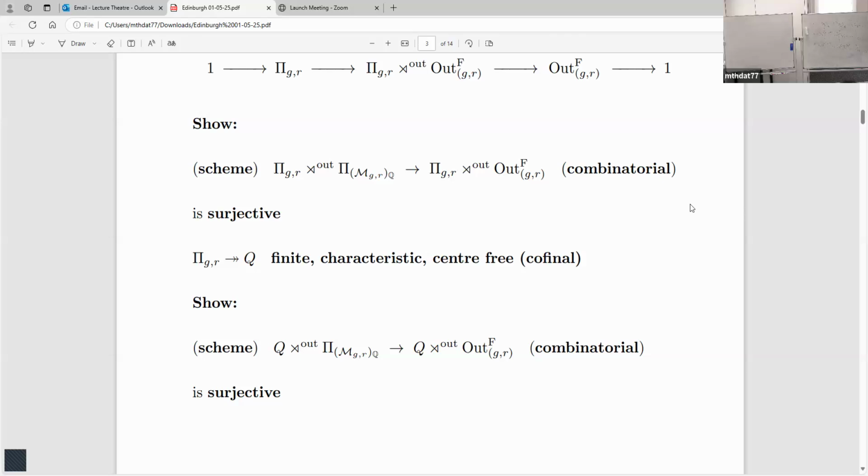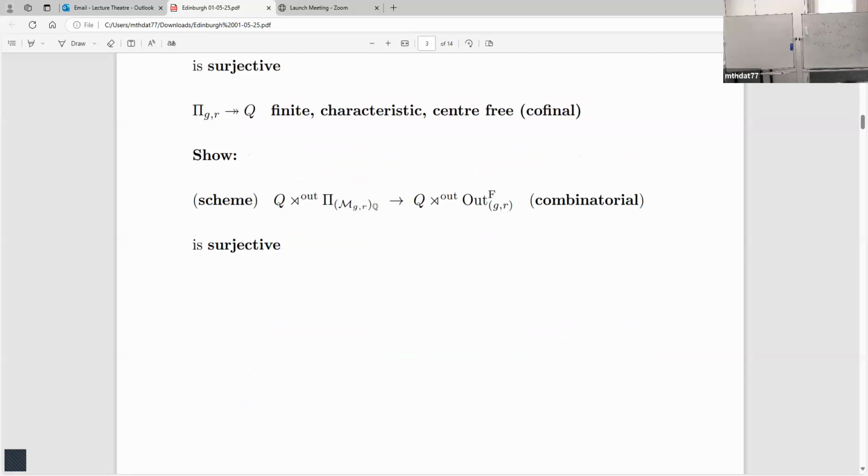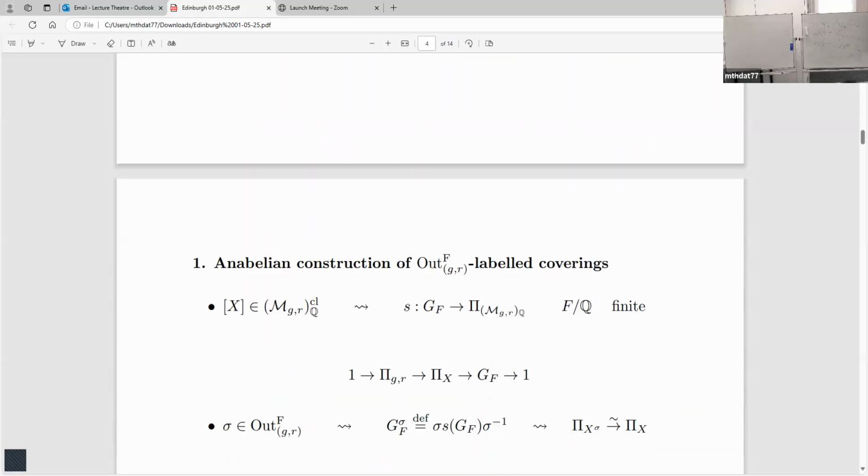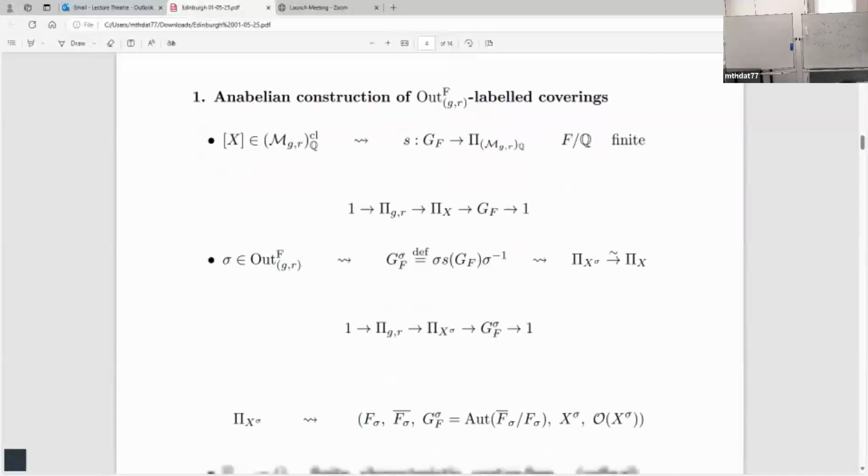So first of all, what one does is construct the fibers of such a sought family. This construction uses anabelian geometry. So this is somehow the first step.